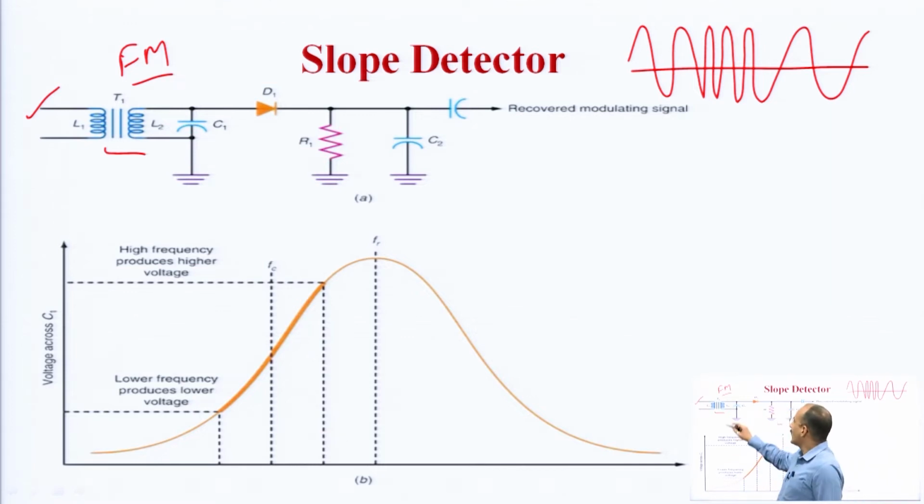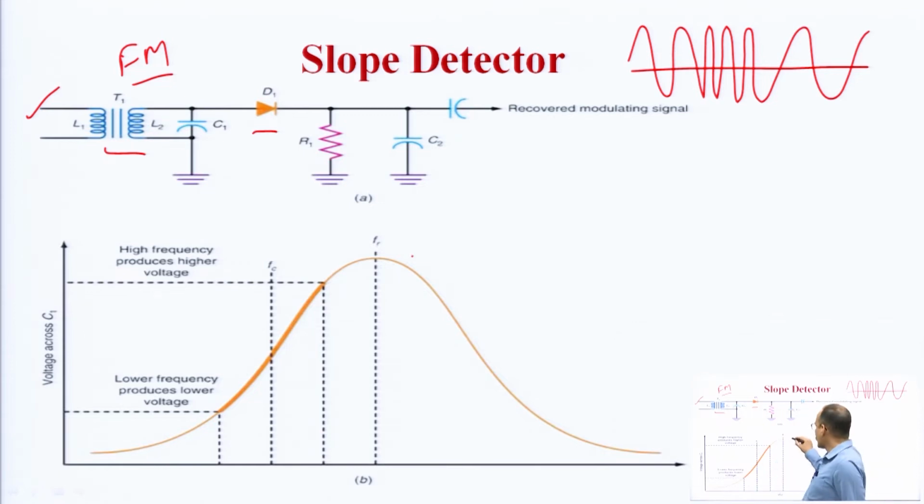Then that received FM signal is applied to the diode circuit, where lower and higher frequencies produce different voltages.